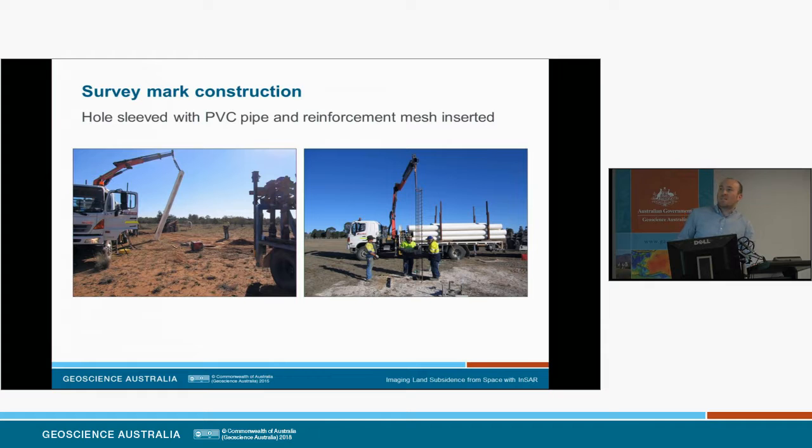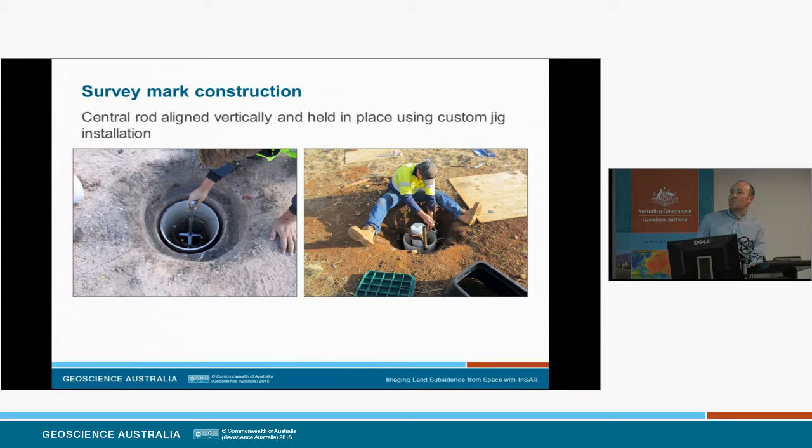That hole was then sleeved with a PVC sleeve, and a reinforcement cage was inserted into the hole. We then drove the geodetic mark into the ground beneath that hole until it met suitable resistance. And we made sure that the rod was aligned vertically during this process using a custom jig installation.